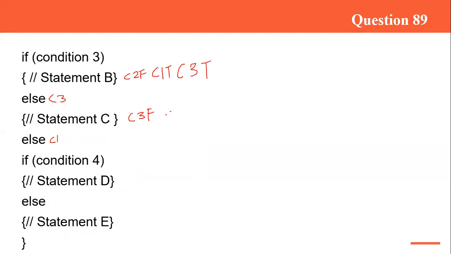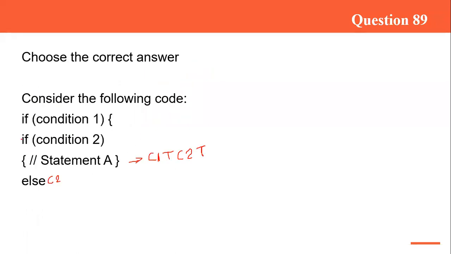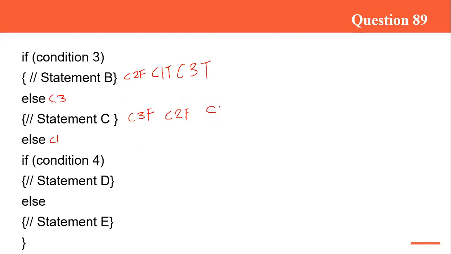That means C2 must be false. That if else of C2 is inside C1's if, which means C1 must be true. Do you agree? Understood, everyone? C3 false, C2 false, C1 true. Got it, I hope?